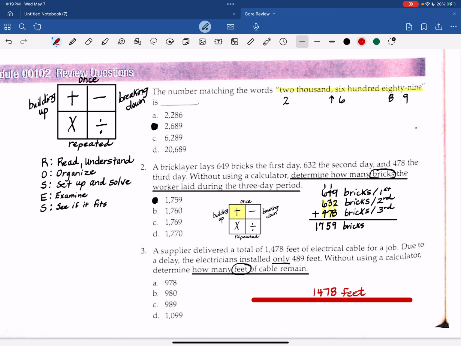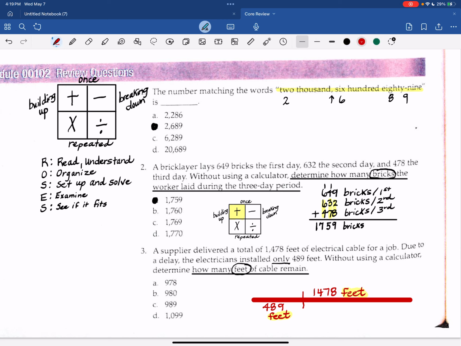And we know that only 489 feet were installed. Now, one of the things that you want to get in the habit of checking is this. Do your units match? If they don't, you have to make them match before you can do anything else.